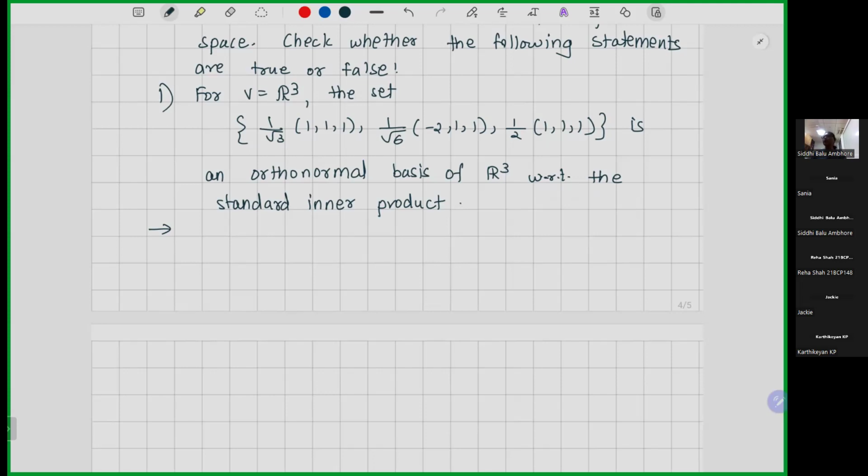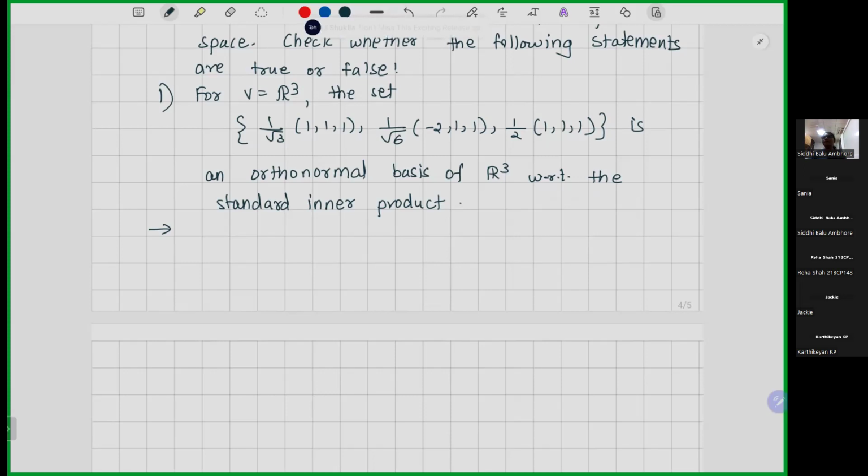One thing which we proved in the lecture and in the last problem solving session is that if we have an orthonormal basis, then it has to be linearly independent. Forget about the orthonormalness of a basis.